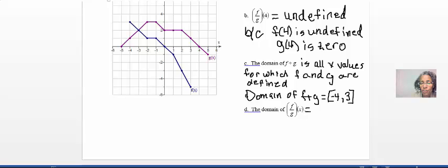And notice g of x is never 0 on the domain of f, which is from -4 to 3. So for the domain of a division, both functions have to be defined. Both are defined from -4 to 3, including -4 and 3. And g can't be 0 on the domain of f over g. And notice g is never 0 between -4 and 3.